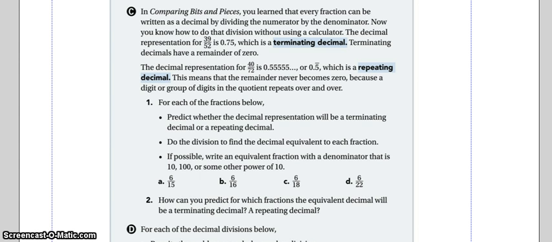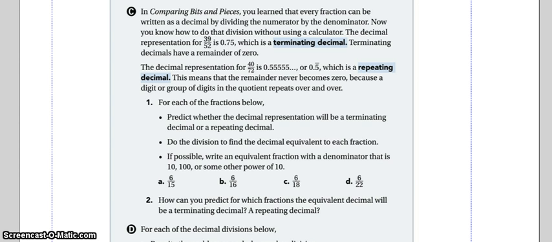When we were talking about fractions, we talked about the fact that we can turn a fraction into a division problem by dividing the numerator by the denominator, and that turned it into a decimal, and that we would get either a terminating decimal, which stopped and had no remainder, or a number that repeated a set pattern.